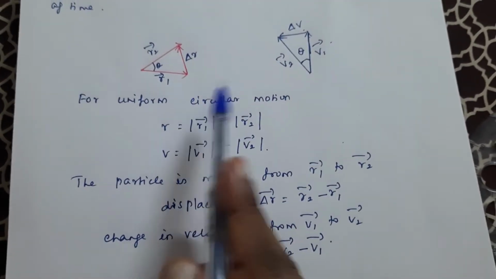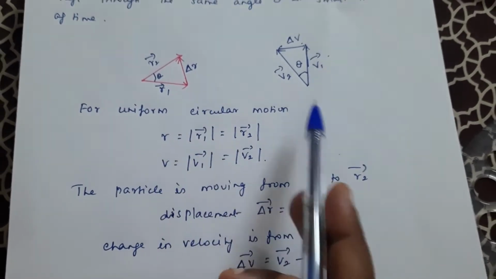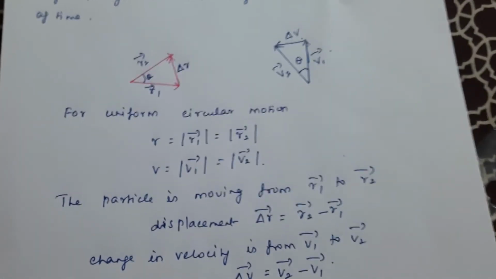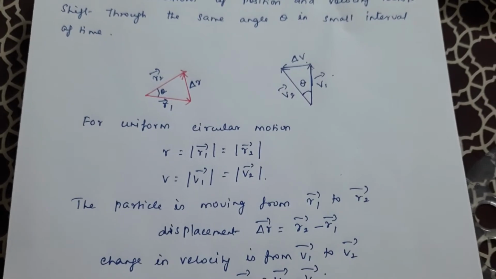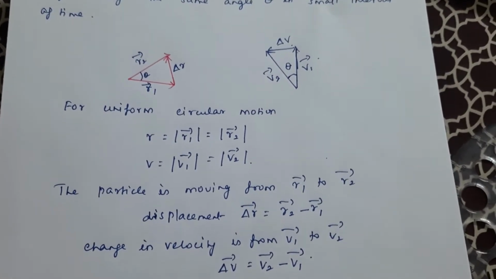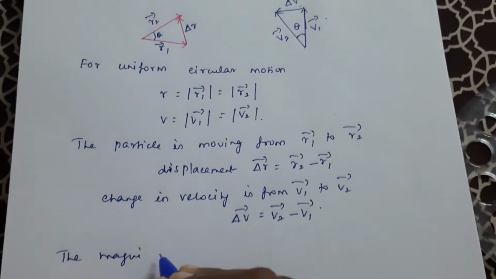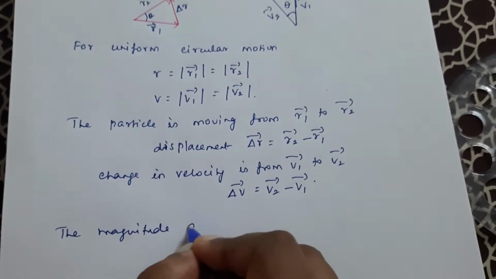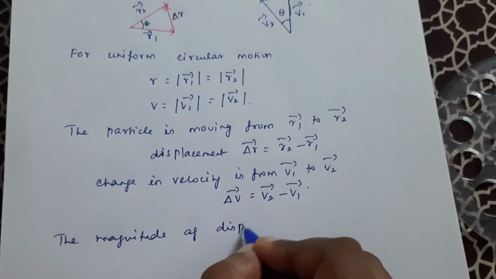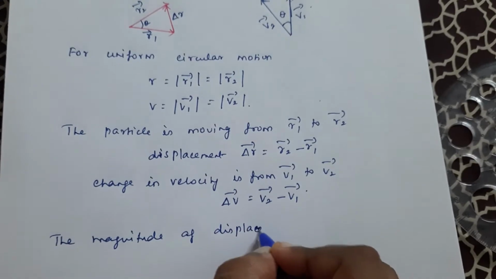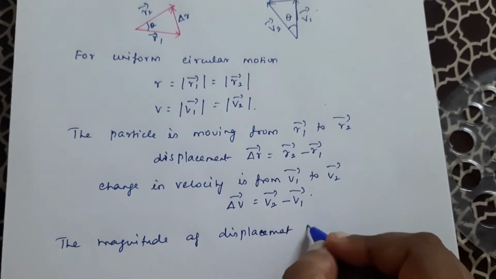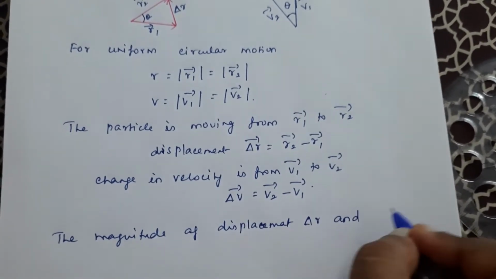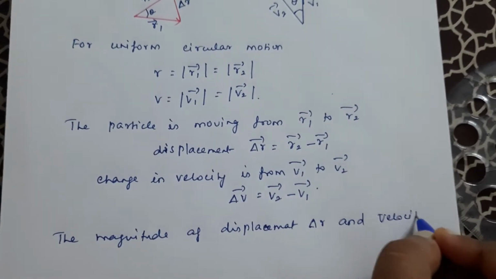Now by taking these two vector diagrams, we can write a relation between the magnitude of displacement delta r and velocity delta v.